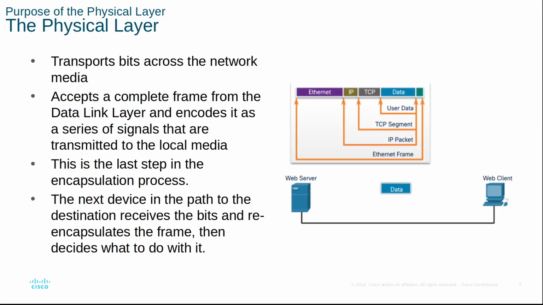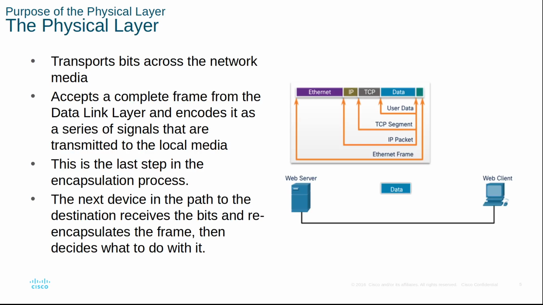So the physical layer is responsible for transporting bits over the network media, and it accepts a frame from the data link layer, layer 2, and it encodes it in some representation of binary. It's not actually sending like binary ones and zeros, right?